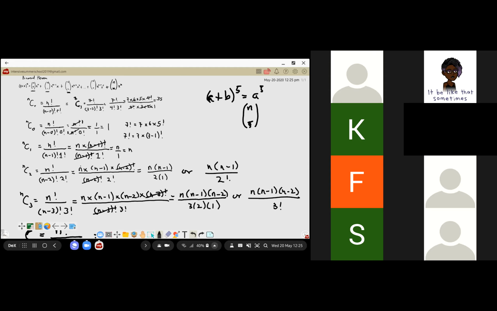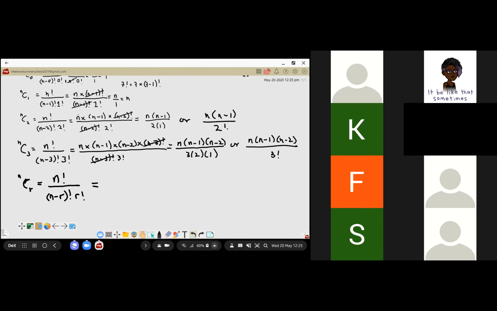So this is the last but one term. I'm trying to do this one, the last but one term. So now let's look at something. So I'm coming back. This n factorial is going to be n times n minus 1, times n minus 2, are you following?